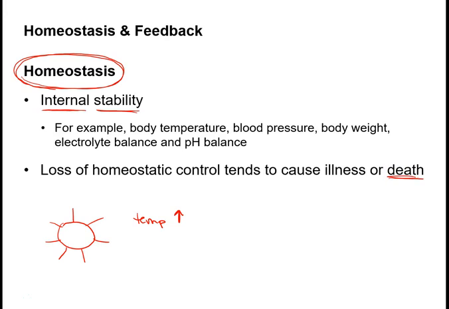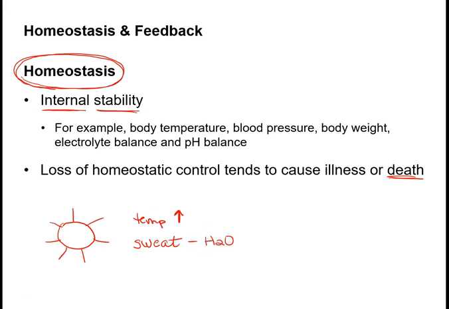So what happens when we go outside and we get really hot? We start to sweat. Sweat is your body's way of getting back to that homeostatic balance. As you sweat, you are putting water on the body.